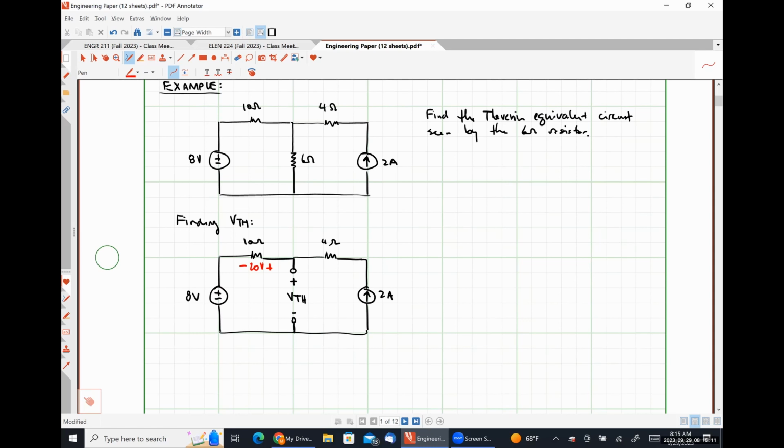And I've defined the positive polarity terminal such that the current is flowing into the positive polarity terminal so that I don't have to get squirrely with Ohm's law. Okay. So we know how much current is flowing around the loop. Now, applying Kirchhoff's voltage law around the left-hand loop of this circuit, we would have VTH is going to wind up being equal to 20 volts plus 8 volts is 28 volts.